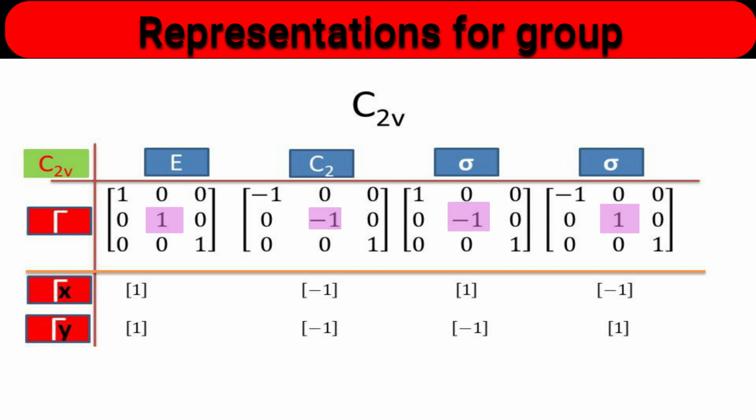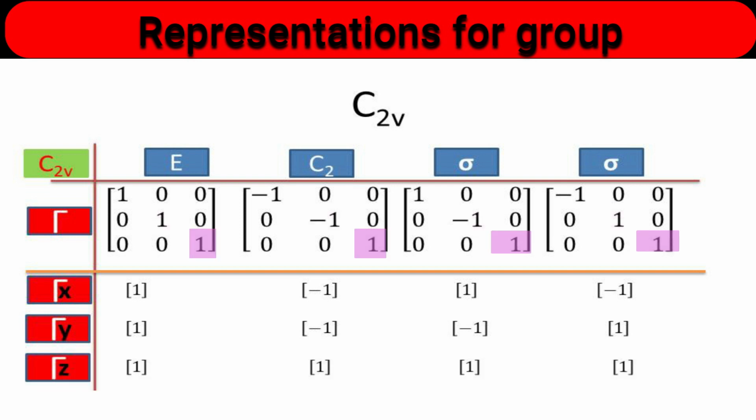Similarly, you will understand the representation of the 2 element from each matrix as gamma y, because those represent y coordinates. Four separate matrices: one matrix with 1, another matrix with minus 1 as element, a third matrix with minus 1 as element, and a fourth matrix with 1 as element. The collection of all those four matrices is a new representation with dimension 1, and it is an irreducible representation labeled as gamma y.